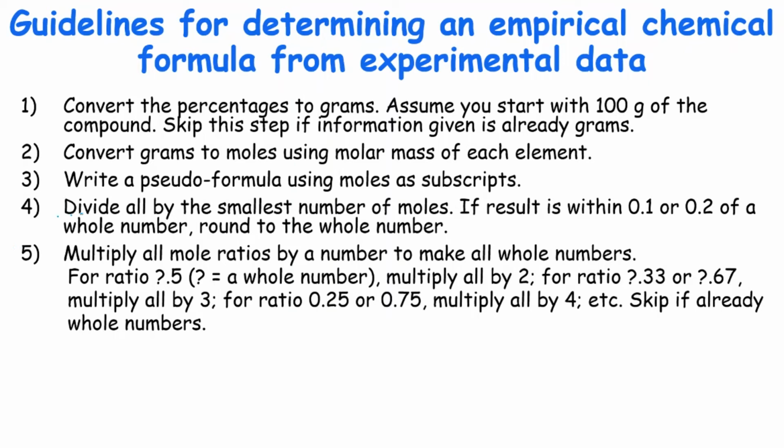Step number 4, divide all of those subscripts by the smallest number of moles. And then number 5, you change those mole ratios to whole number ratios by doing some simple math. Okay?